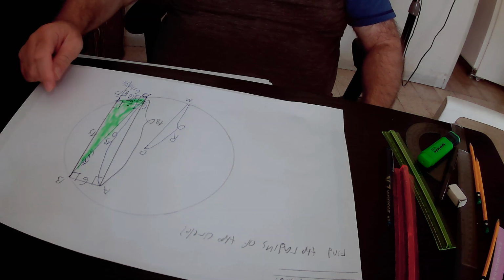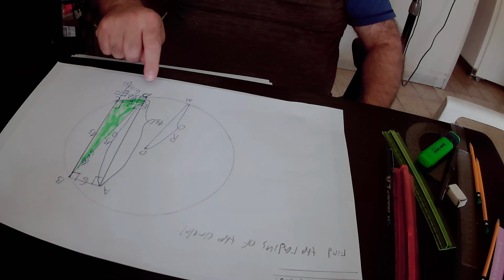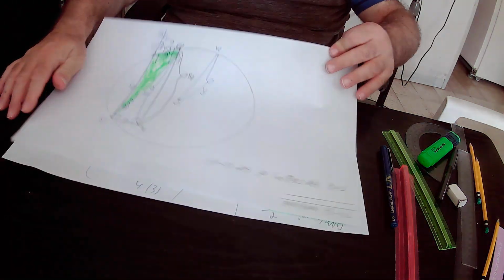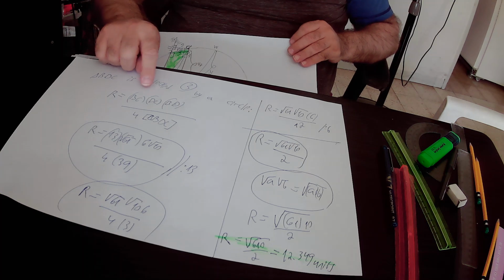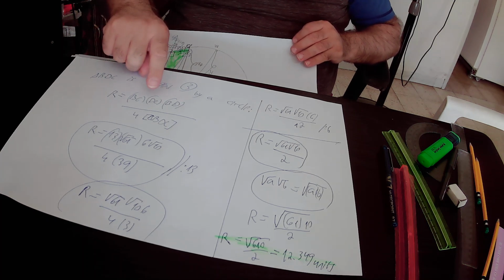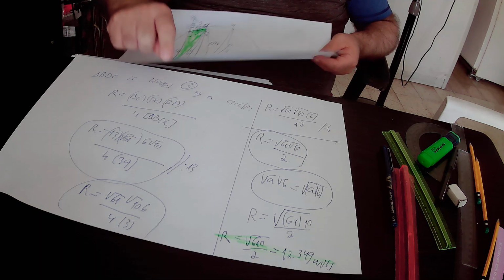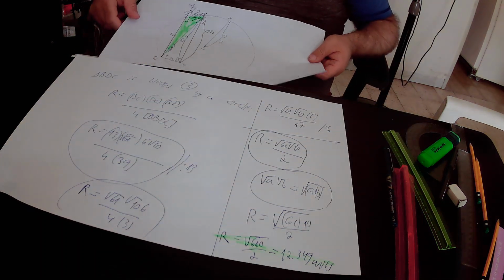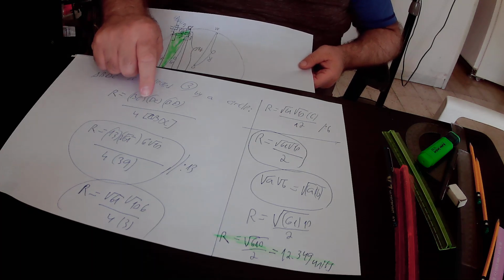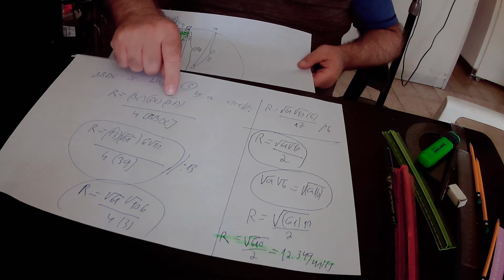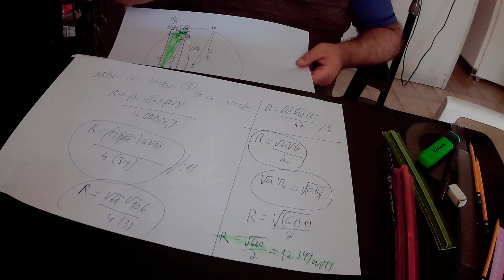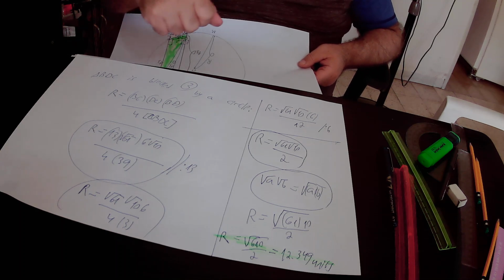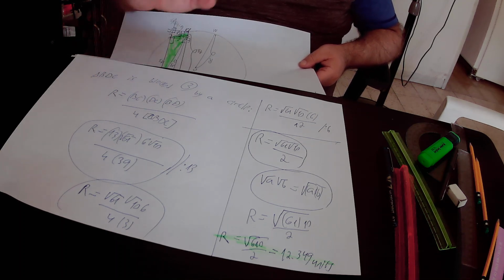That is to say, BC times DC times BD over 4 times the area of the green triangle BDC. BC equals 13 units, DC equals the square root of 61 units, and BD equals 6 times the square root of 10 units, over 4 times the area of triangle BDC. And we have already found that the area of the green triangle BDC equals 39 square units.